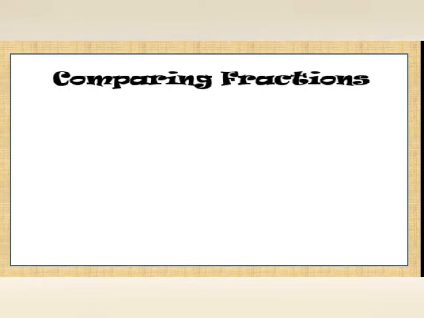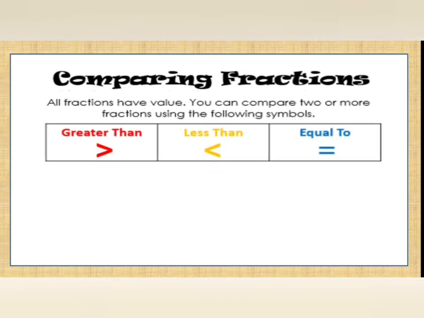Next, comparing fractions. We have to use 3 symbols to compare 2 or more fractions. They are greater than sign, less than sign and equal to sign. Now, we are going to learn rules for comparing fraction. Here is the first rule.